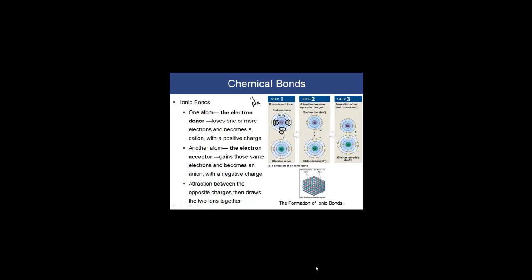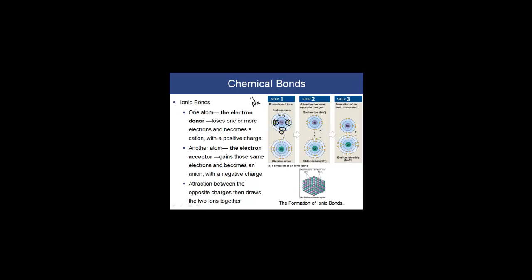So let's go back one slide to our situation and let's consider chlorine. Chlorine has, let's count how many electrons are in a chlorine atom. We have 17. So there's 17 protons in the nucleus of chlorine, and there is going to be 17 electrons. Let's look at the placement of those electrons.